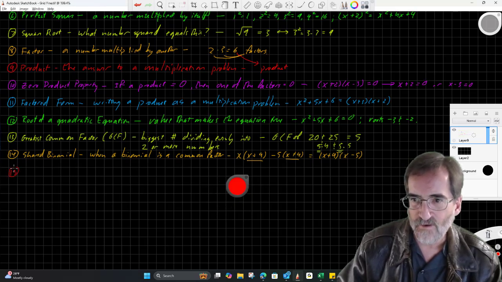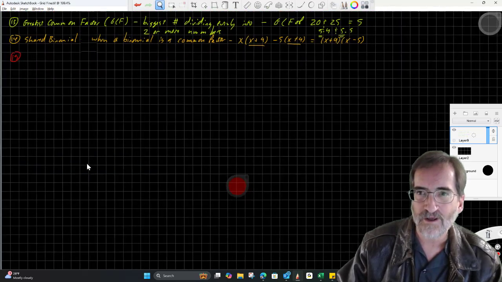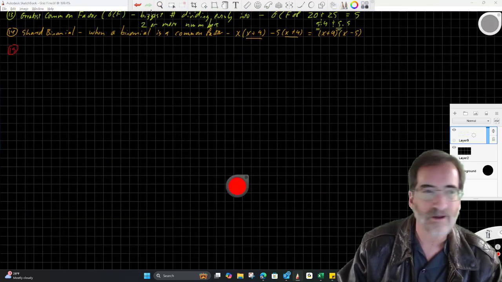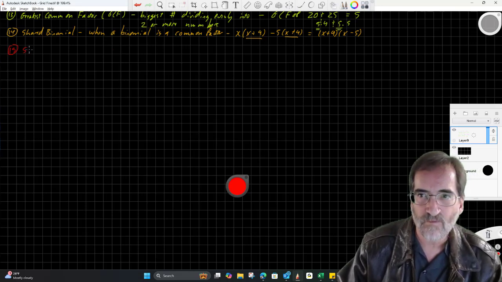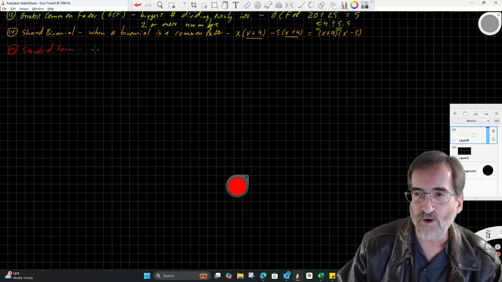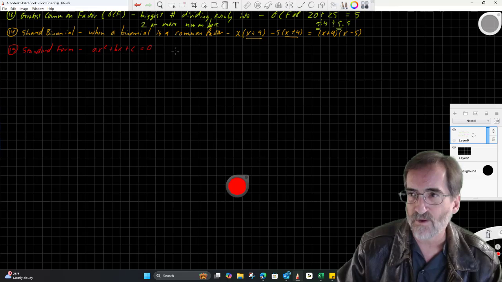15. It's time to move it, move it. 15, standard form. For a quadratic equation, it is to write it in this form: ax squared plus bx plus c equals 0.